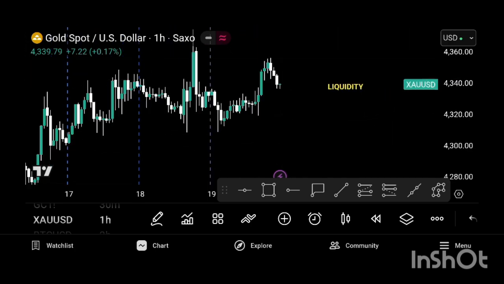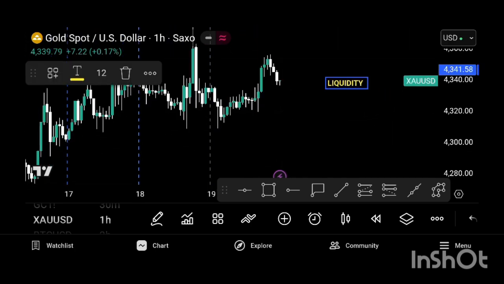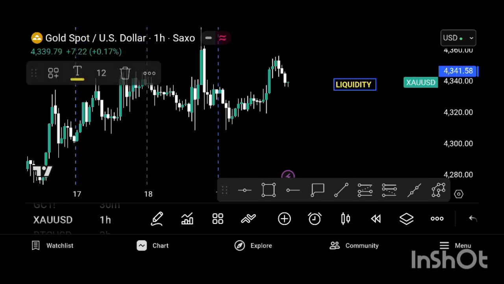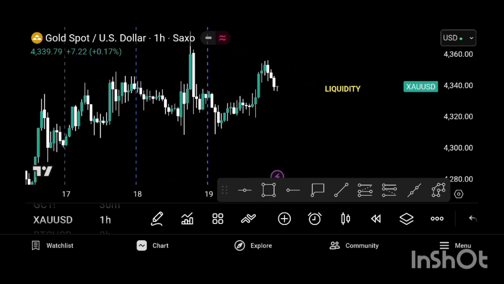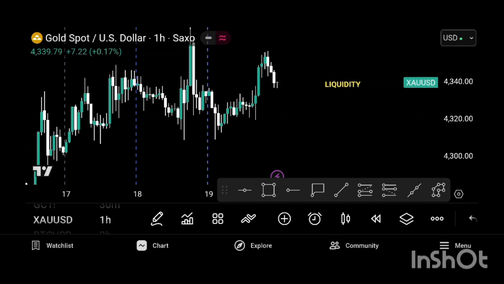market. So liquidity grab is usually something that happens in the market whereby smart money and the big banks push price to go above or beyond key support and resistance levels in the market in order to trap retail traders.